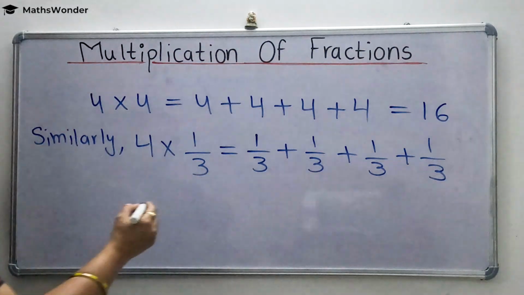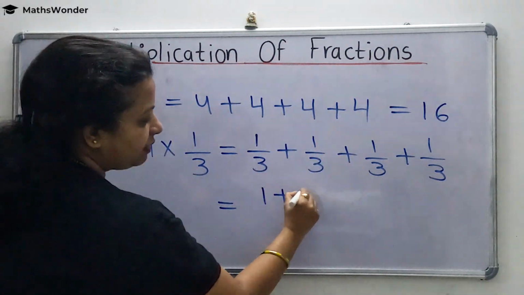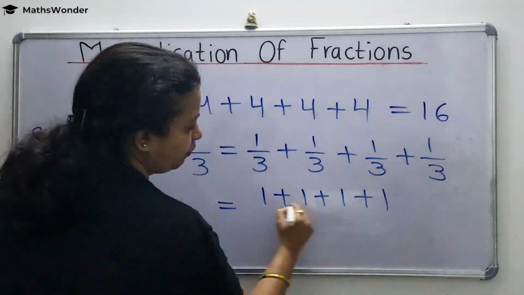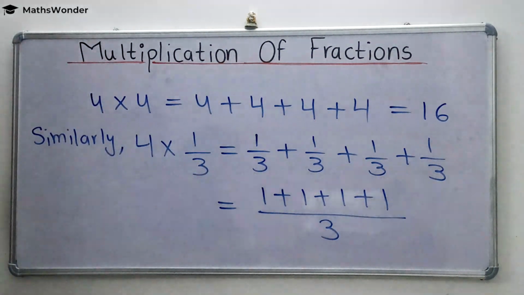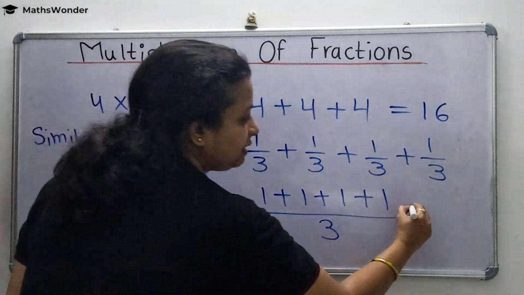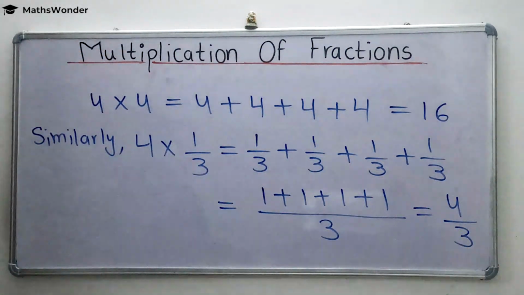So 1 over 3, when you add it, what will you get? 1 plus 1 plus 1 plus 1. It's 4 times 1 over 3 because the denominator is the same. So it will become 4 over 3.